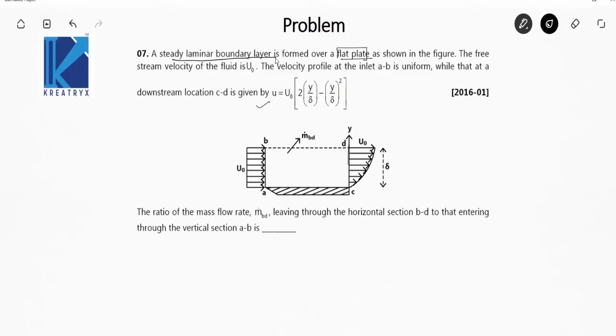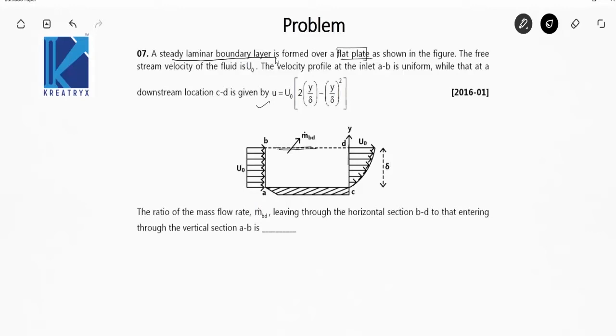So if you have solved this question, in this question what you have to do is find the loss of mass flow rate through the boundary layer region. Why? Because this loss of mass through the boundary layer region will actually be going through this section BD.